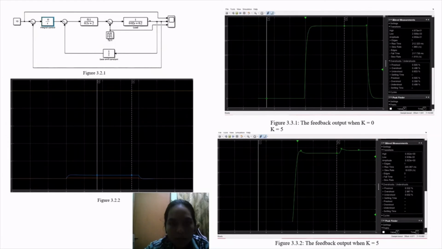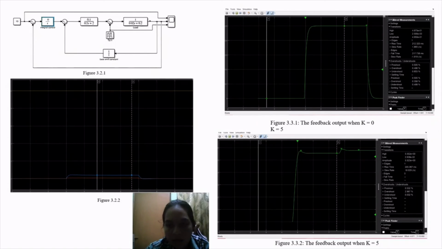This combination will allow compensation for measured and unmeasured disturbance as well as model mismatch. Now, as we see in diagram 3.3.1, there are no changes because K is equal to 0.